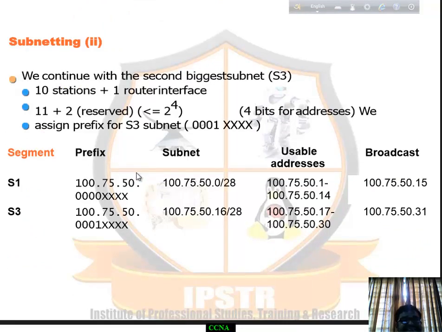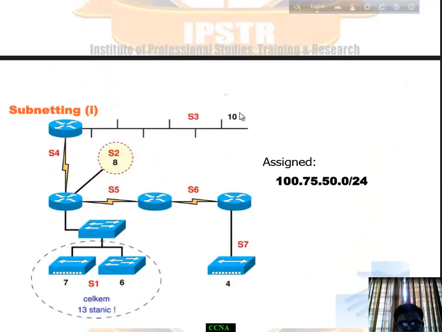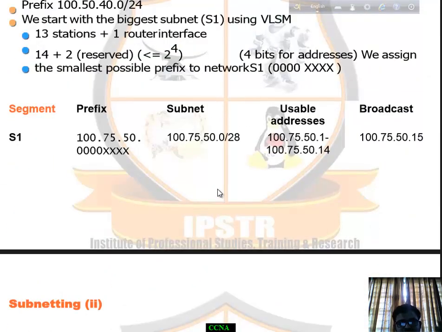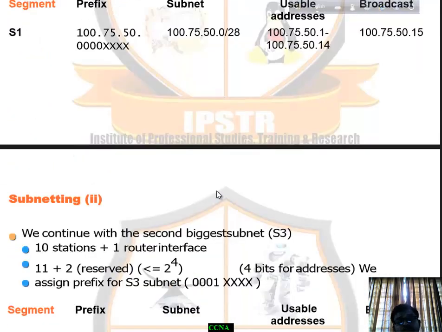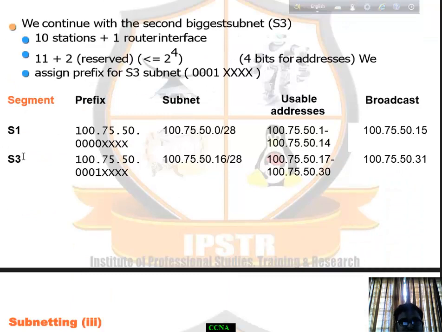S3 needs more hosts than S2, so S3 needs 10 host addresses. The maximum needed hosts or IPs will be calculated first, as the first priority. So S3 is the next subnetting, or subnetting 2.